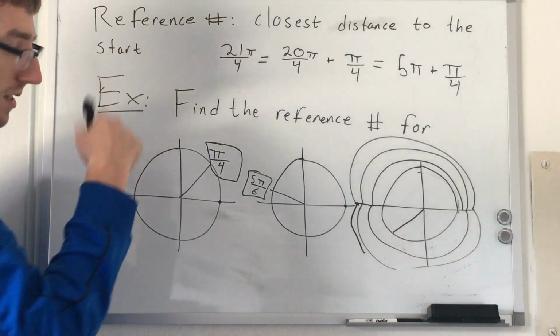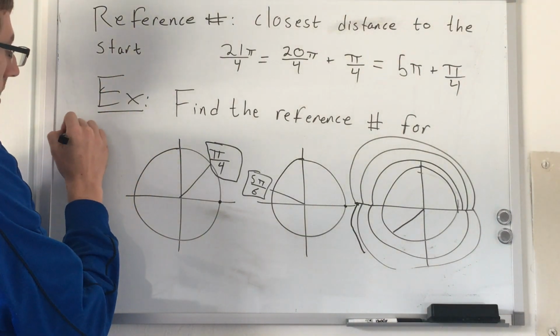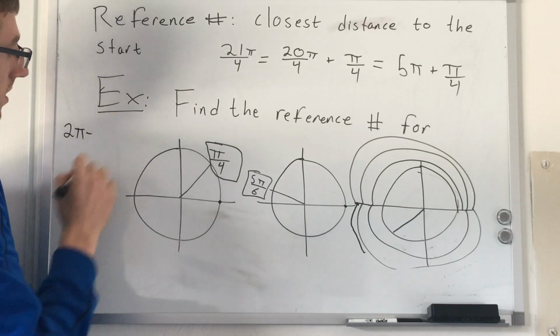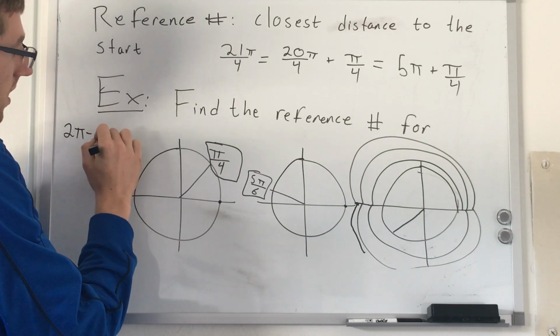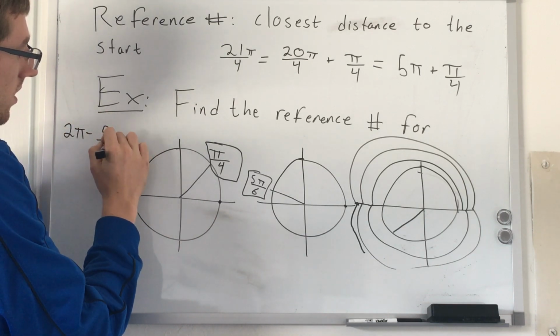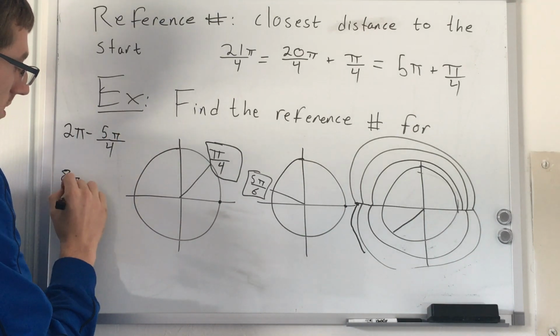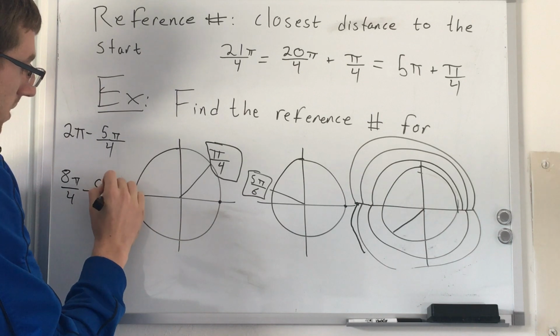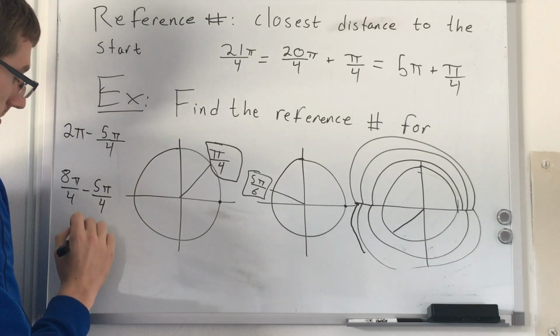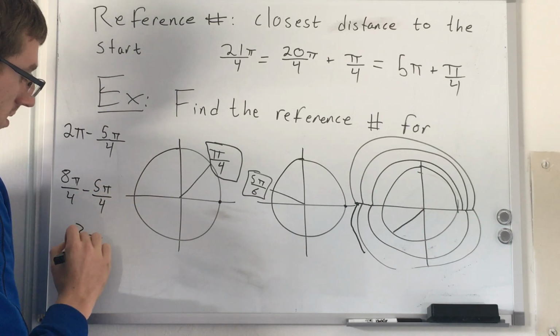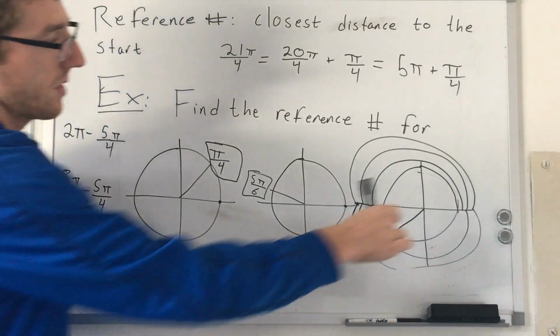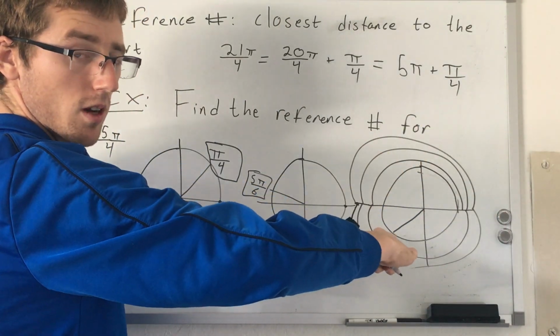So if the start is 0 or 2 pi, I'm going to have 2 pi minus 5 pi over 4. So that's the same thing as 8 pi over 4 minus 5 pi over 4, which is equal to 3 pi over 4. But did I go counterclockwise?